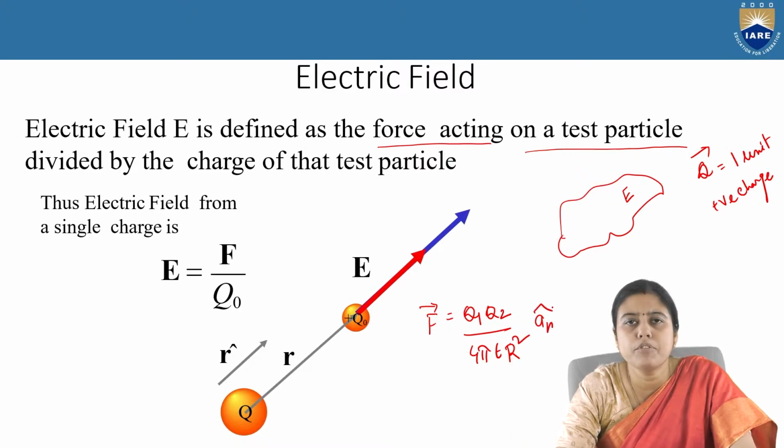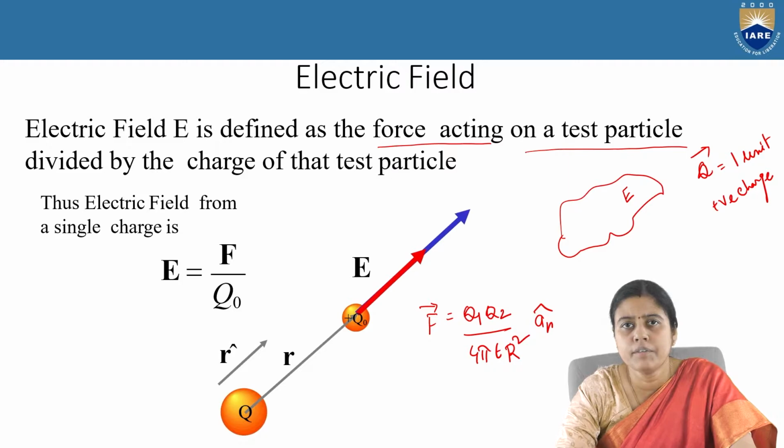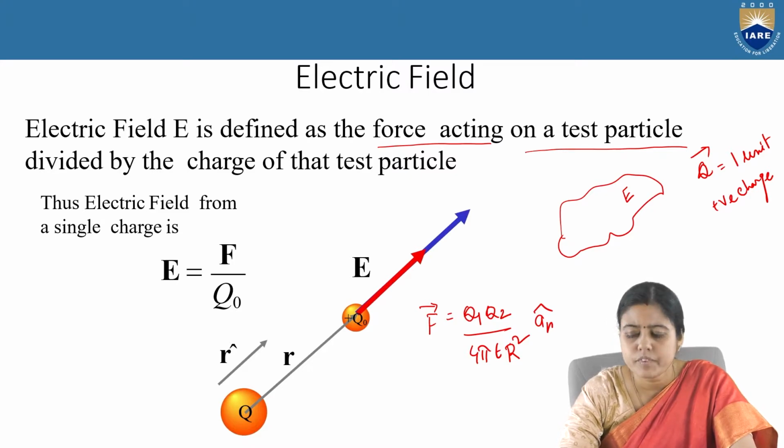The force between two charges may be attraction or repulsion, directly proportional to the product of the two charges and inversely proportional to the square of the distance between them.